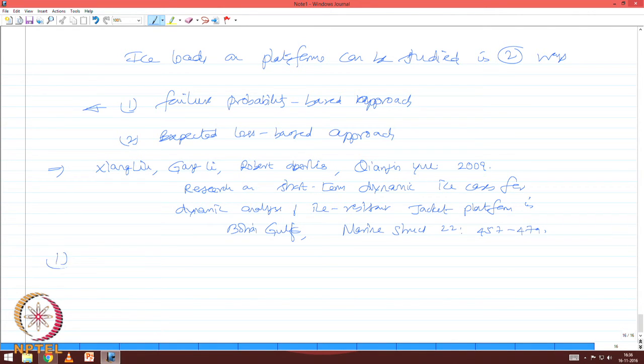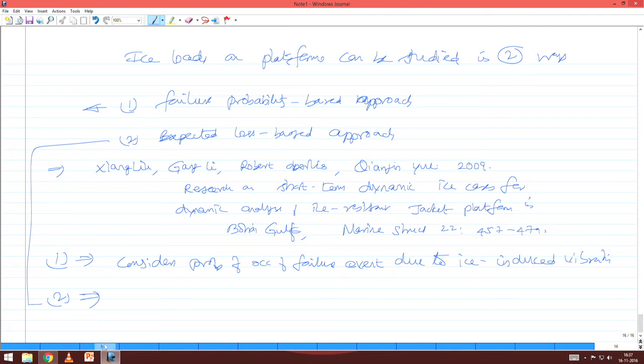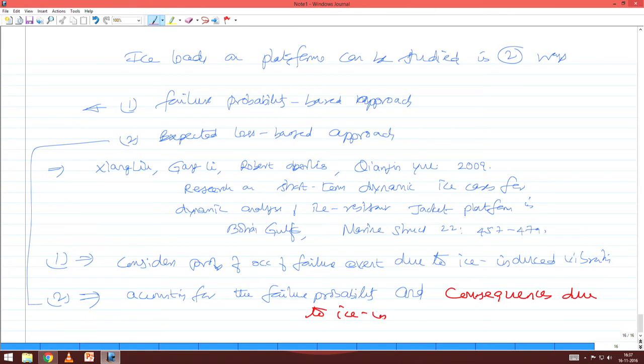The first approach actually considers the probability of occurrence of a failure event due to ice induced vibration, whereas the second one leads to accounting for the failure probability and consequences due to ice induced vibration.